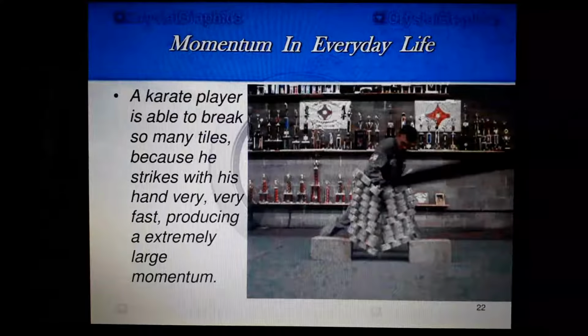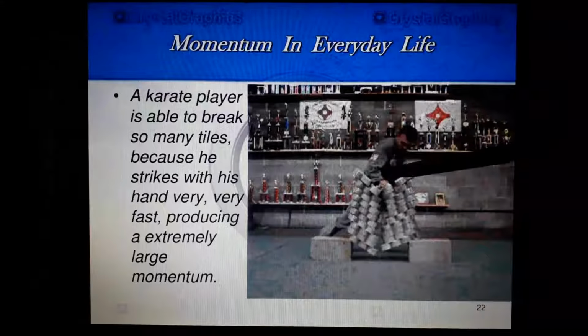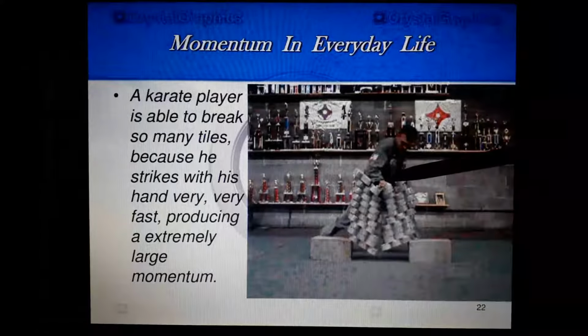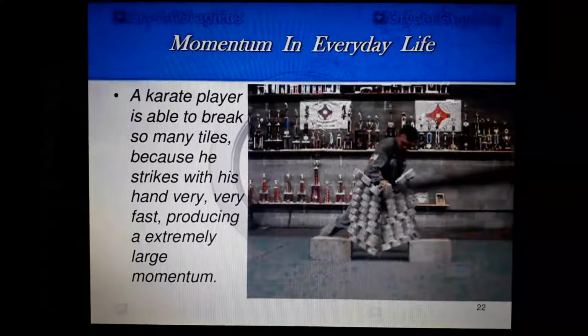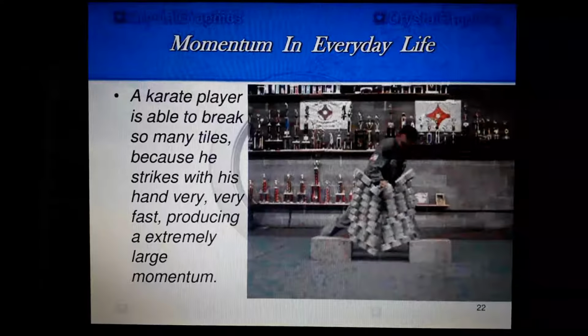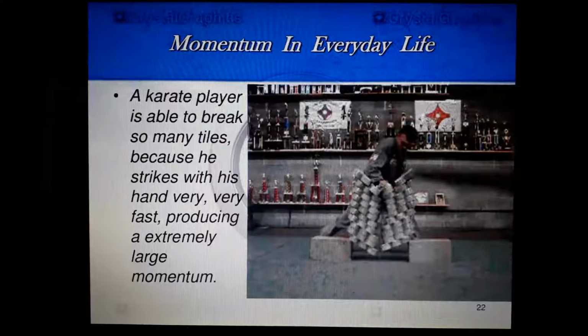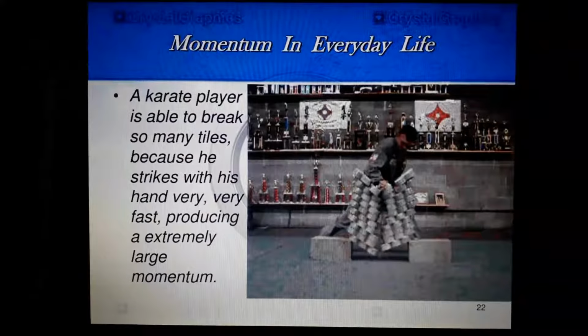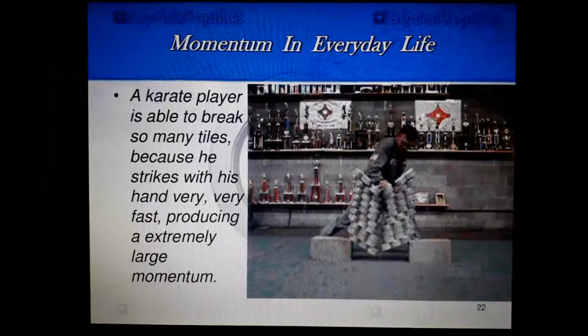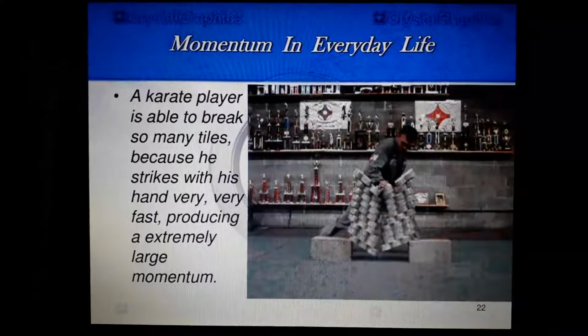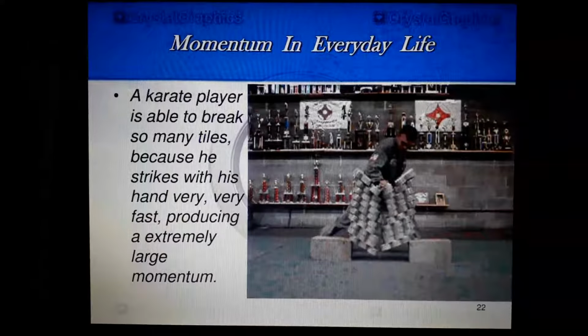He is moving that hand with high velocity in this particular direction. If he moves it in the upside direction, will this happen? It won't happen. That's why momentum has direction. So the karate player is able to break so many tiles because he strikes with his hand very, very fast, producing an extremely large momentum.